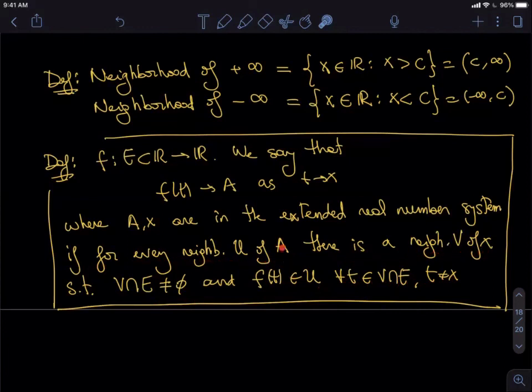So this is the role of our epsilon, this is the role of delta. With this definition, we can repeat the proofs we have seen so far, and we can handle the cases where we need to extend the real system.